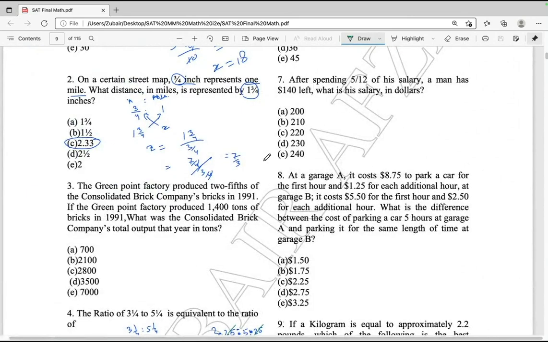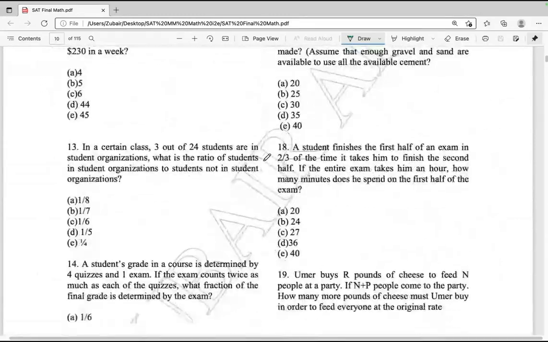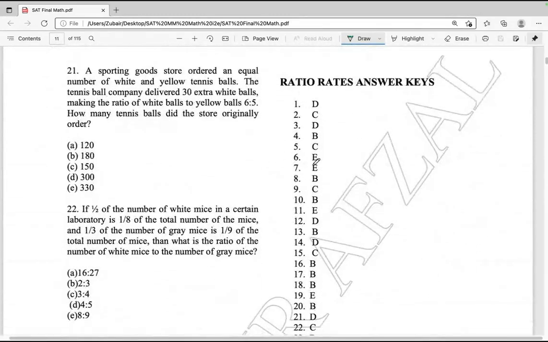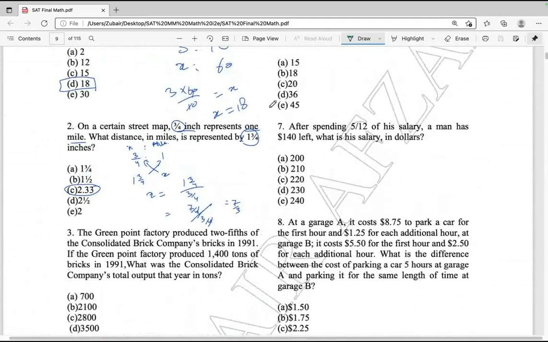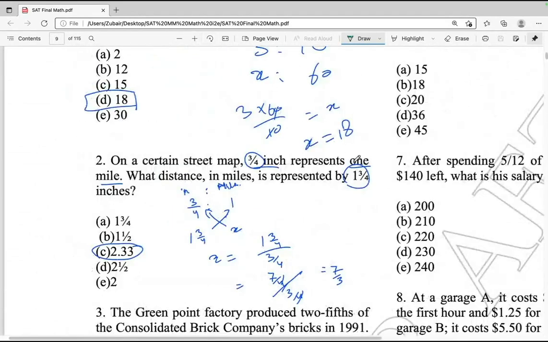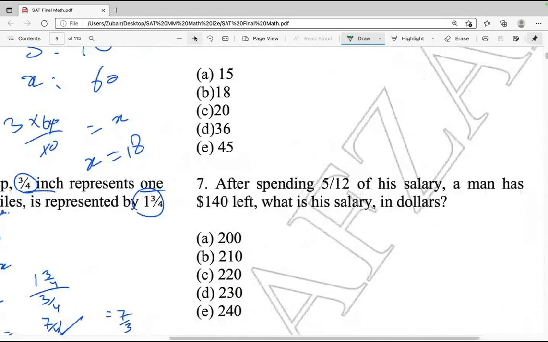I don't remember the answer. 7. 7 is E. Yeah, E is 240. Yes. Mohammed, getting the same answer?